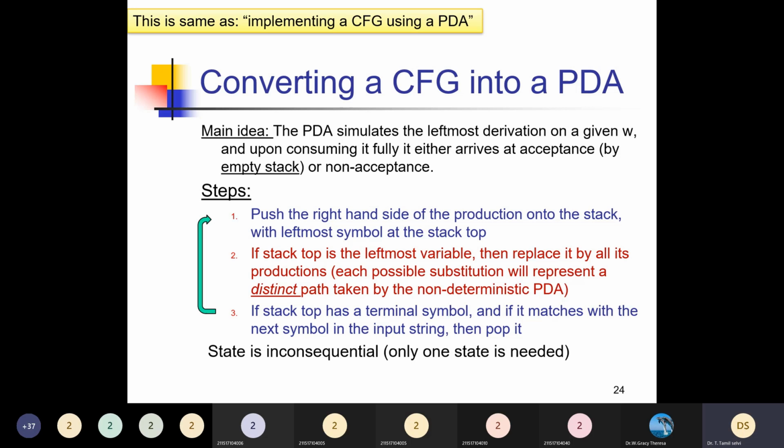That is, pop the non-terminal from the stack and push the equivalent value onto the stack. If we have more than one option for the particular non-terminal, we have to push all the possible productions onto the stack. And then if the top of the stack is a terminal symbol, and in the current string we have the same terminal, we just perform the pop operation.